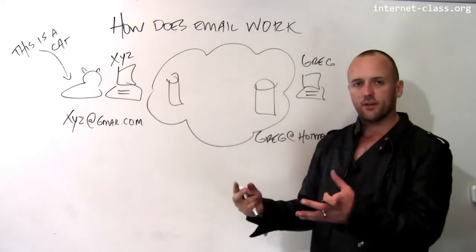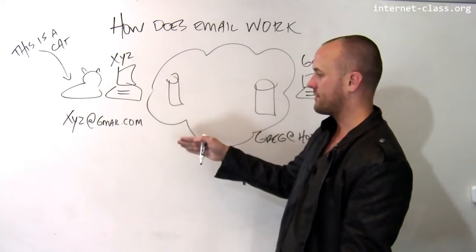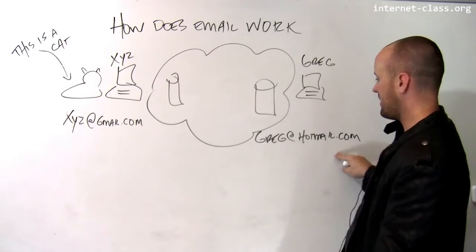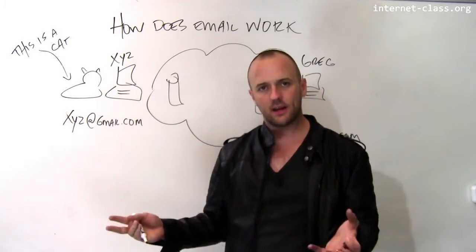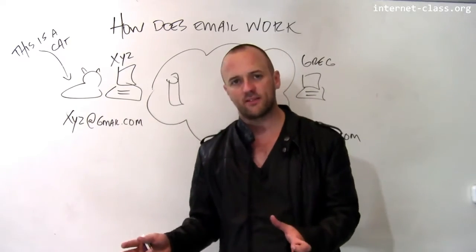These names identify the mail server. So gmail.com has to have a mail server that Ziz can connect to retrieve her mail, and hotmail.com has to provide an email server that Greg can connect to. And sometimes you access these using a web browser, but the process is basically the same.